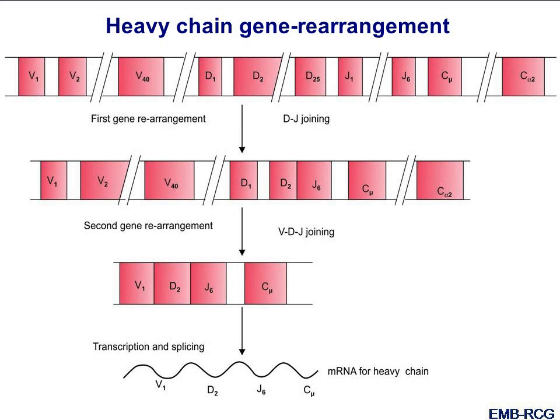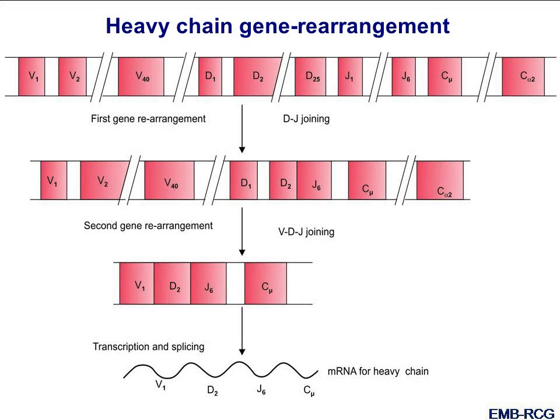When a new B lymphocyte is being formed, the first gene rearrangement that occurs is DJ joining. In this rearrangement, one of the genes from the D cluster will join one of the genes from the J cluster. The intervening DNA will be deleted.